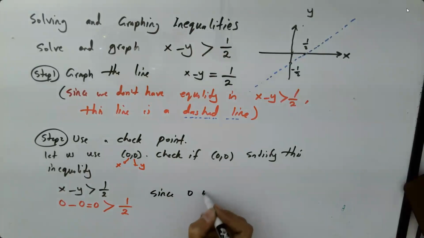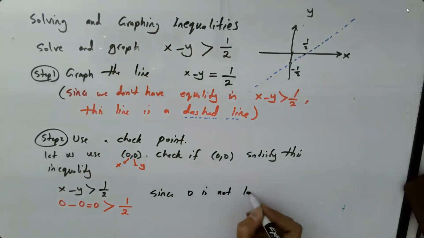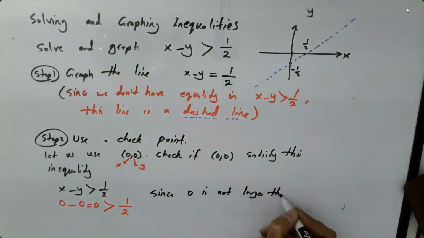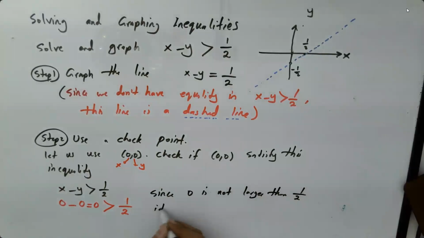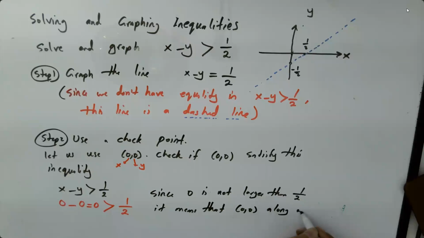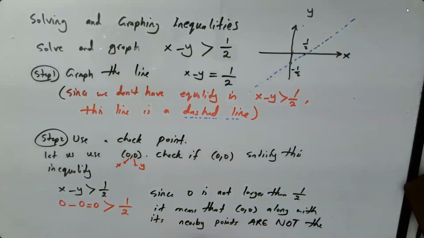Since 0 is not larger than a half, it means that 0 and 0 along with its nearby points are not the solution.